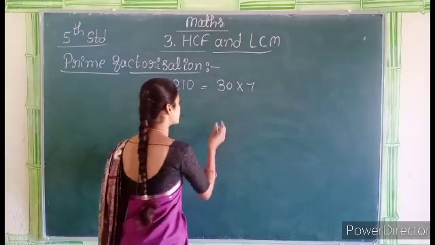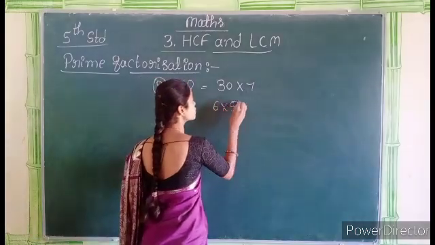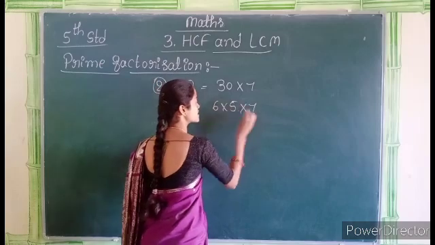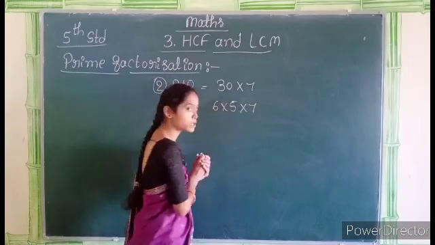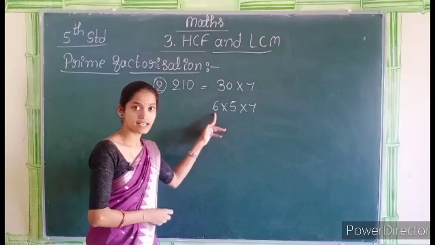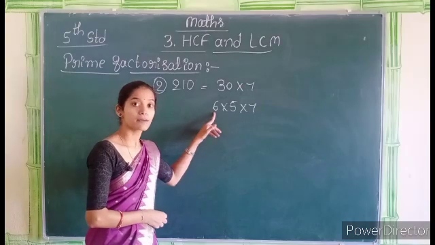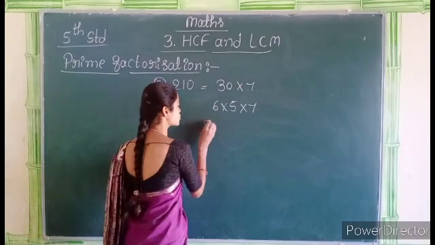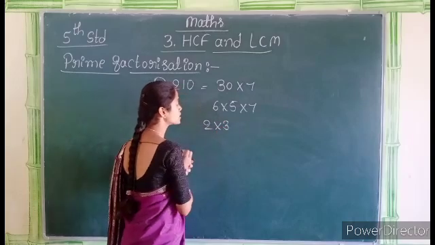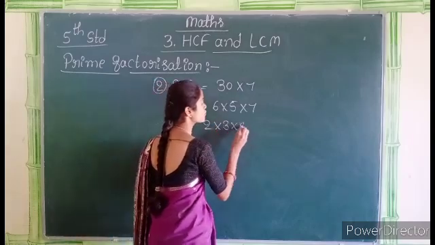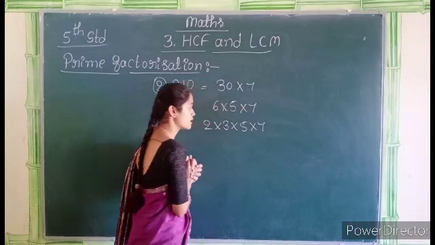Okay, 30 can be written as 6 into 5, then 7. Okay, 5 and 7 are prime numbers, not this 6. We can represent this 6 as 2 into 3. 2 into 3 we get 6. Again 5, then 7.